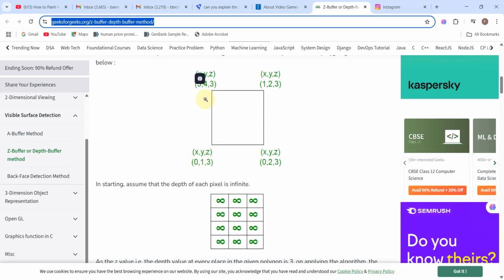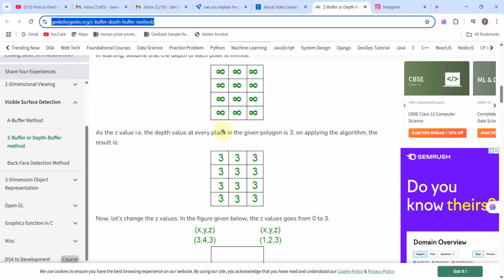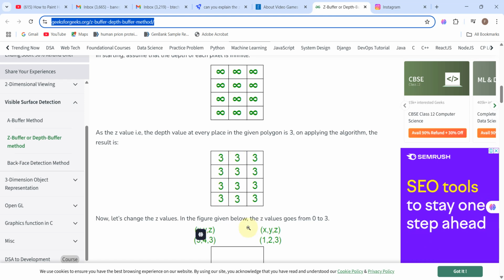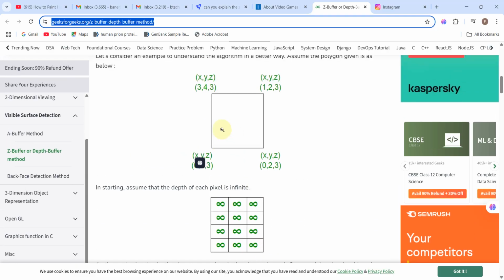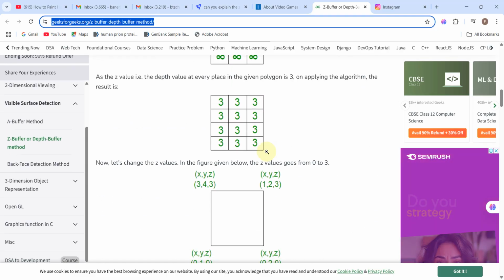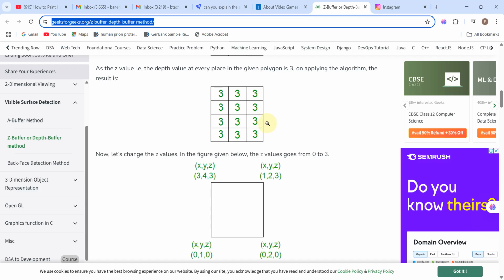You can see the corners, and similarly the chocolate bar cubes have different x and y coordinates but the same z coordinate. So this matrix will store the value 3 for all the points, all 3.